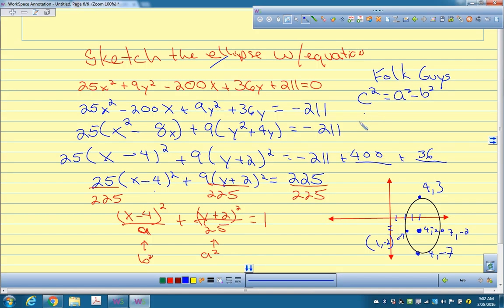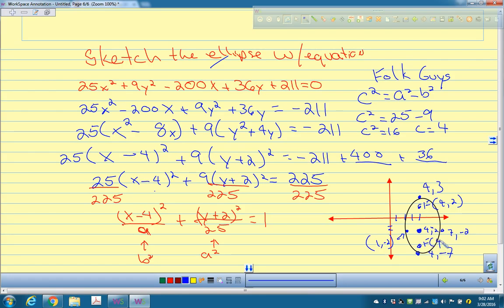We know a squared is 25 and b squared is 9, so c squared equals 16, and c equals 4. This is a nice, neat one. This focus is going to be 4 above -2, which puts you at (4, 2), and this focus is going to be at (4, -6). That's the way you do that.